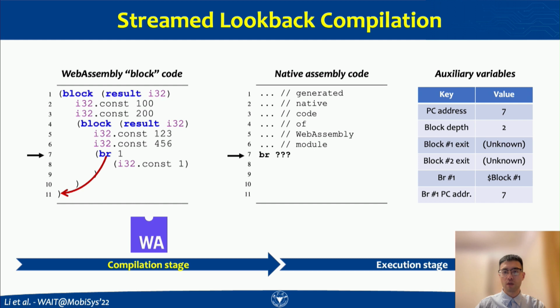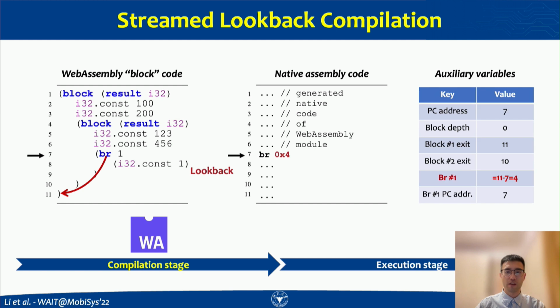When we run into a BR instruction, we temporarily record its current location and its destination depth, and then continue compiling. When finished with the compilation of the whole block, WAIT looks back at the incomplete branch instructions and fills in the destination address. This streamed lookback compilation significantly reduces the RAM usage and makes the AOT compilation on resource-constrained IoT devices feasible.